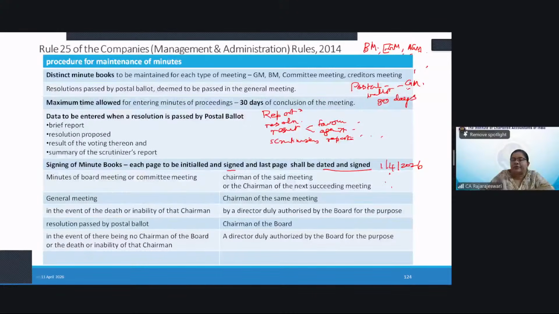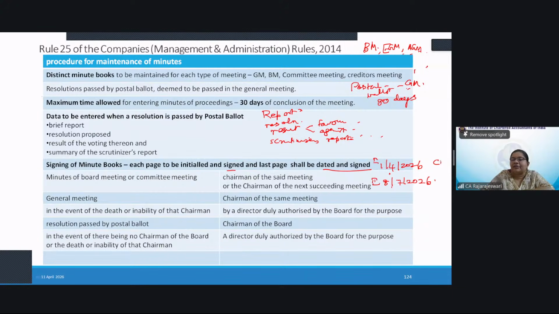Then the next board meeting is held on, say, 8th July 2026. So this is the first board meeting, this is the second board meeting.